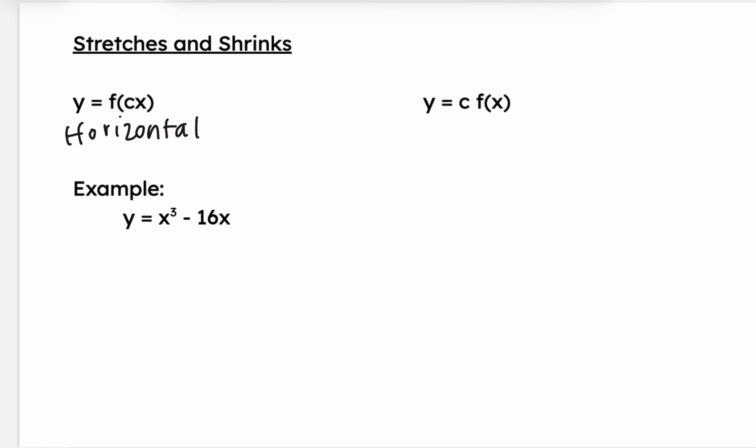So if our c value is less than 1, it is going to be a horizontal stretch. Okay, and I'm going to put in parentheses here, that's going to make it look wider.